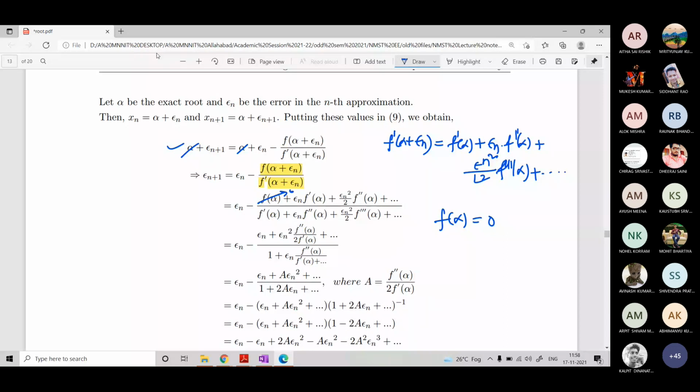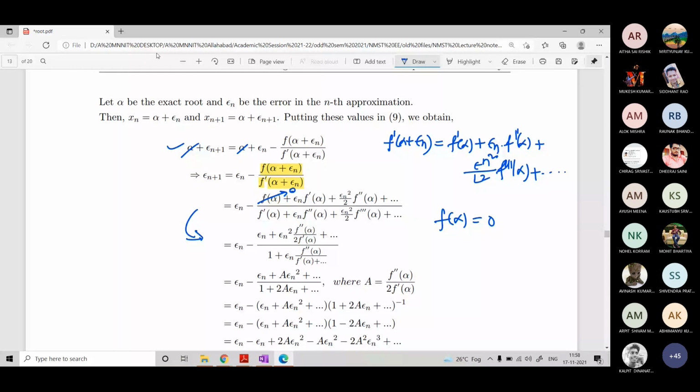Now from the numerator you take f dash alpha common, and from the denominator you take f dash alpha common, and you cancel them. So from here to here, what I am doing is taking f dash alpha common from the numerator and also from the denominator, and I am cancelling each other.